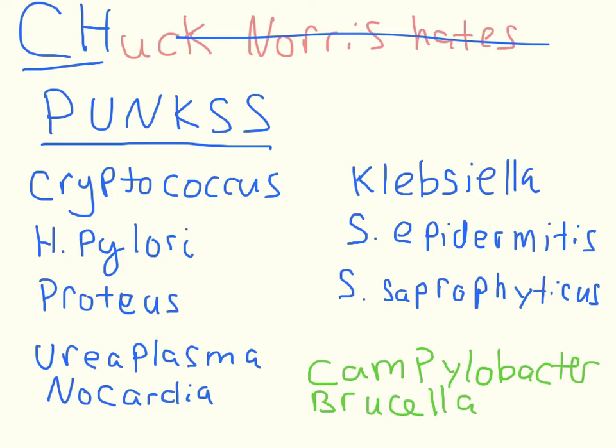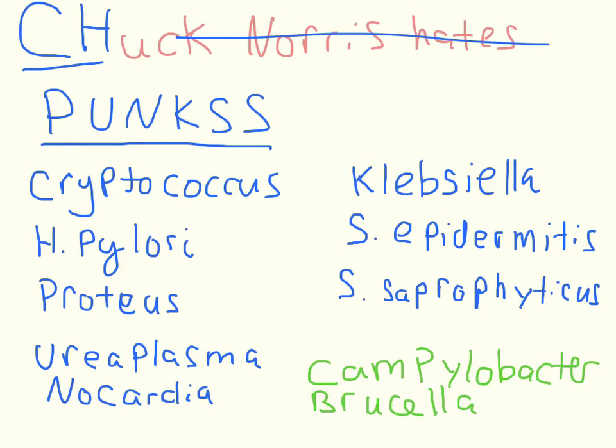However, a quick search of Google yields 2 other species that aren't listed in First Aid, which are Campylobacter and Brucella. In fact, Wikipedia also mentions Morganella, Providencia, and possibly Serratia, all being enteric bacteria like Proteus and like Klebsiella.